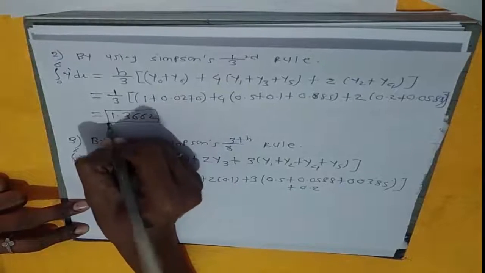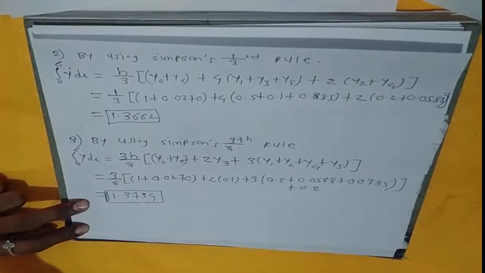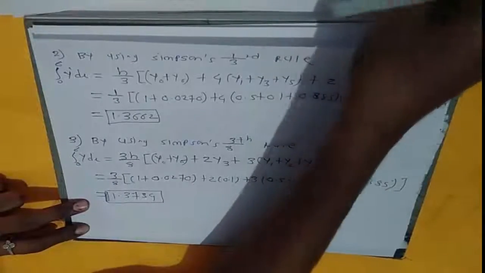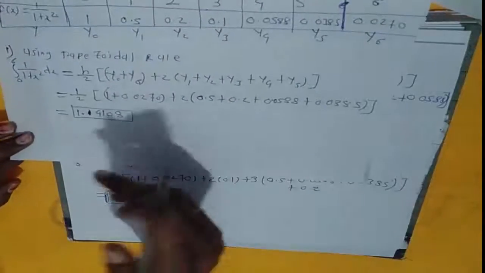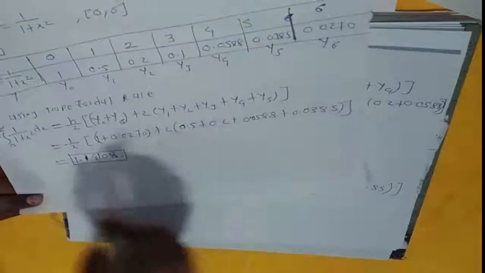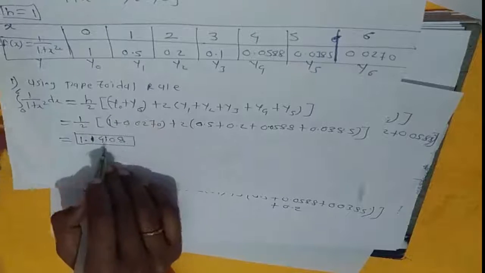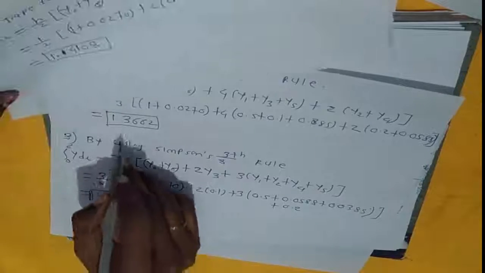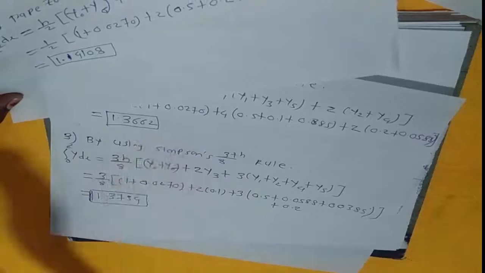Using the 1 by 3rd rule we get 1.3662, and using the trapezoidal rule we get 1.4108, and using the 3 by 8 rule 1.3734.